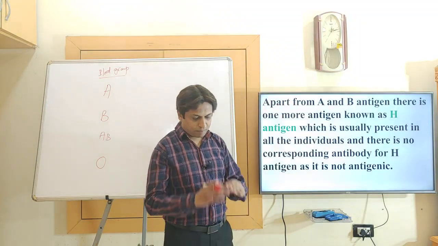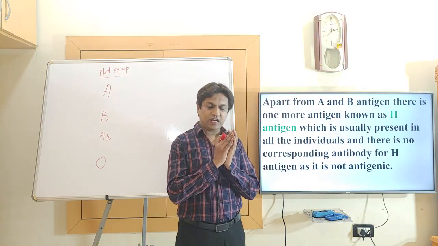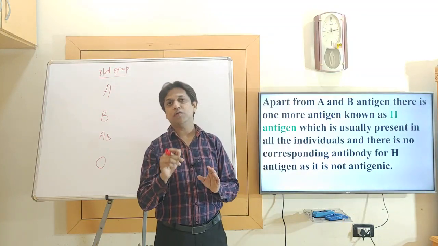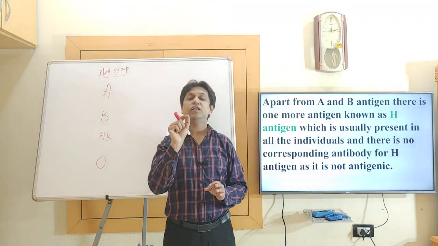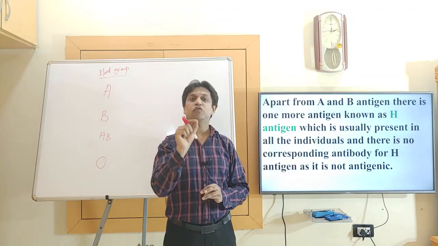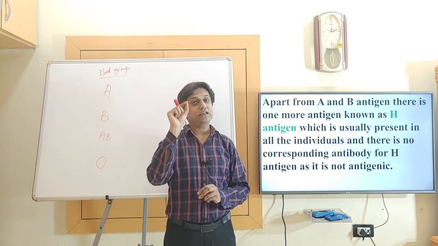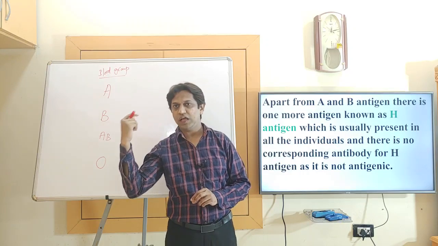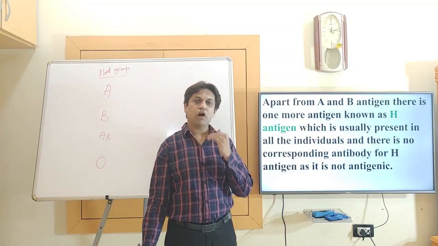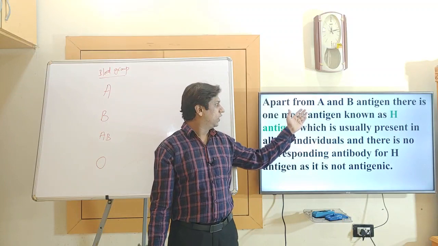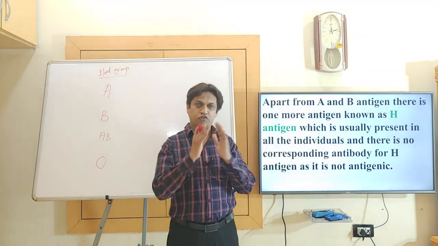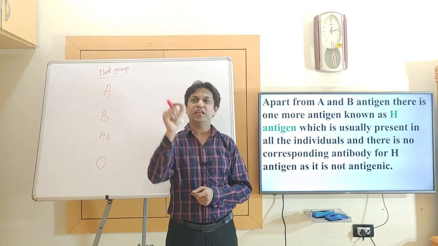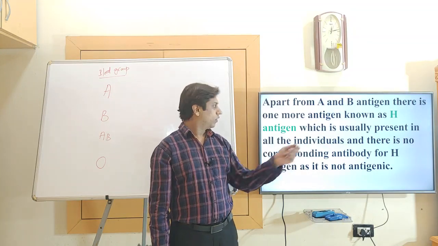That is, almost all individuals have H antigen on the surface of their RBC, but it will not produce its corresponding antibody, whereas A antigen and B antigen are strongly antigenic and will produce their corresponding antibodies, anti-A and anti-B.